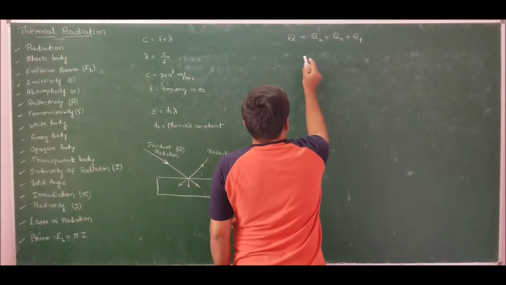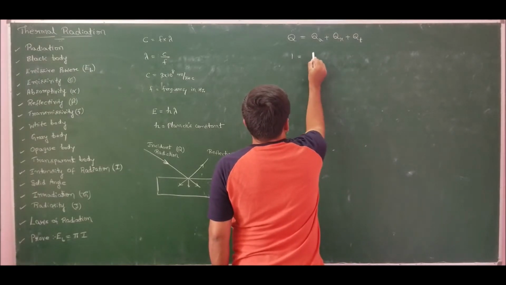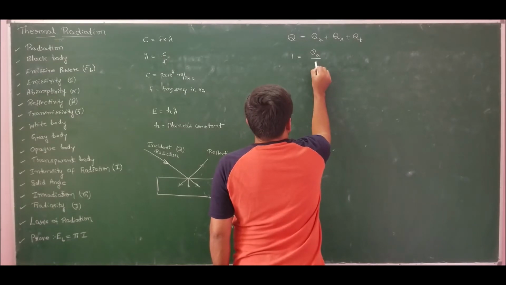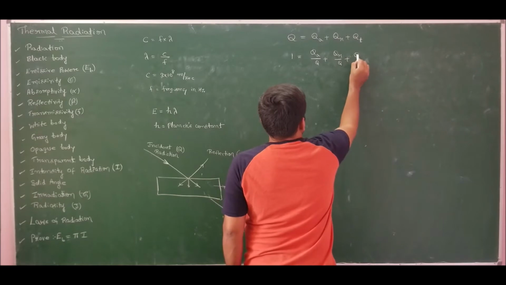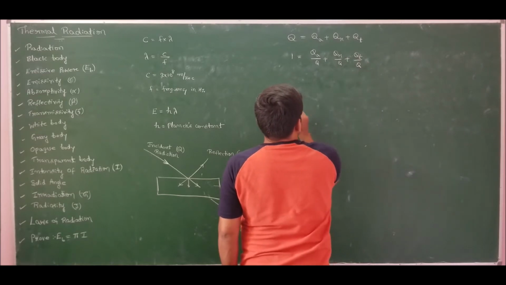So if I divide throughout by Q, I get 1 is equal to QA by Q plus QR by Q plus QT by Q.